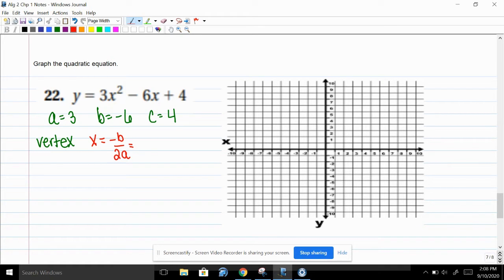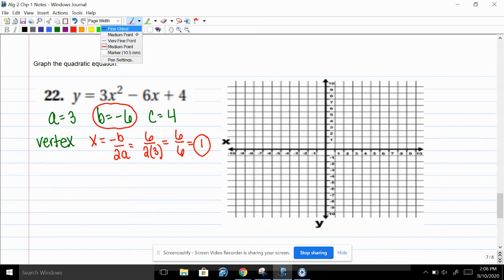In this case, the opposite of b, which is -6, is 6 on top of 2a, which would be 2 times 3, which is 6. 6 divided by 6 is equal to 1. So the x-coordinate of my vertex is 1. That is also going to be my axis of symmetry. So your axis of symmetry is located at x equals 1.